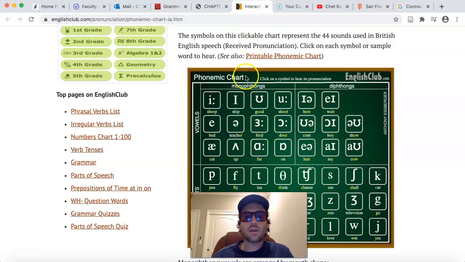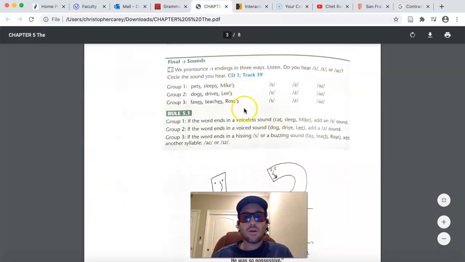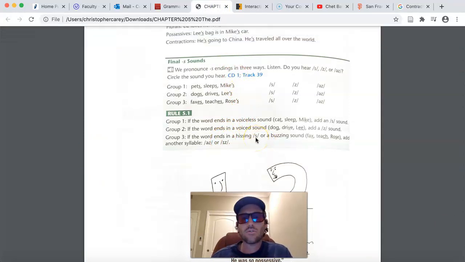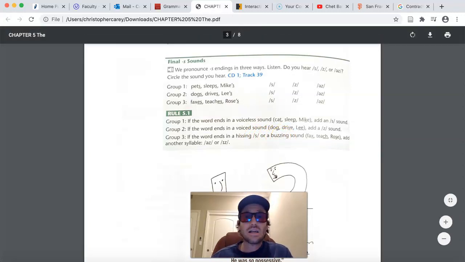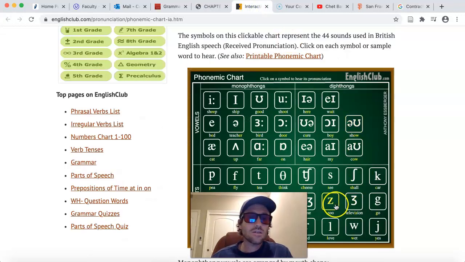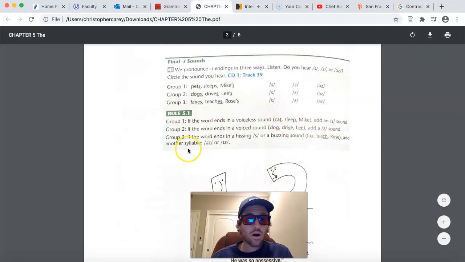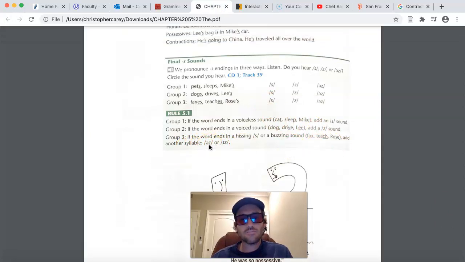You have that on your interactive chart right here. That's an unstressed vowel sound that is very, very common in English. And so anytime the word ends in a hissing sound, S consonant sound, or buzzing sound, Z consonant sound, we add a schwa and then the Z consonant sound.